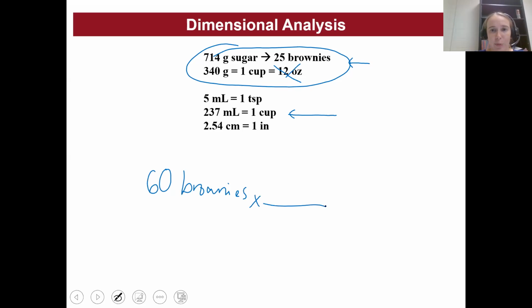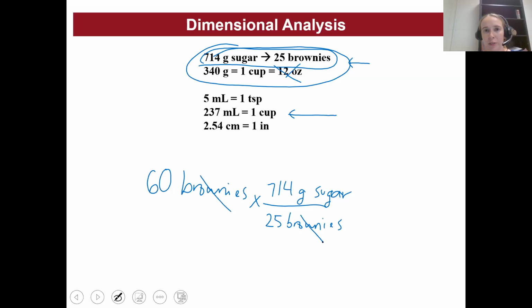All right, so we want 60 brownies. We want to cancel out brownies, so 25 brownies goes on the bottom. And this is our conversion factor, 714 grams of sugar per 25 brownies. All right, so now we're at grams of sugar, and we want to go from grams to cups.